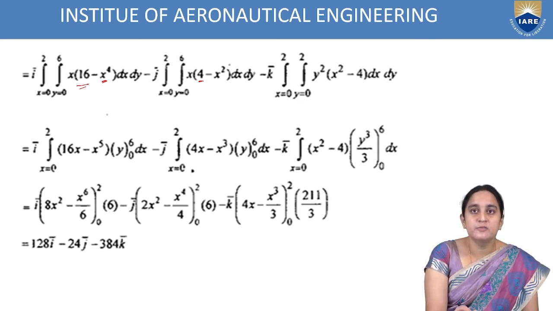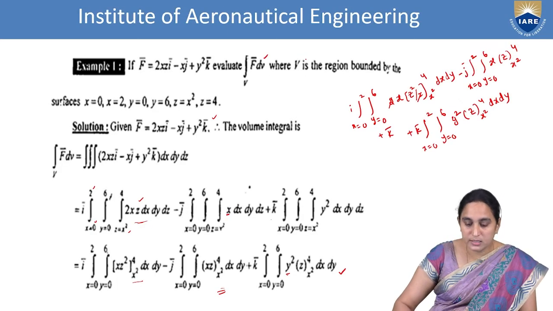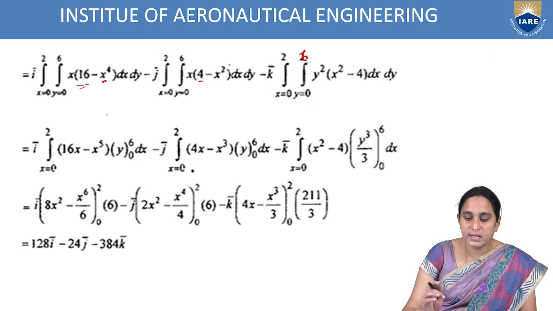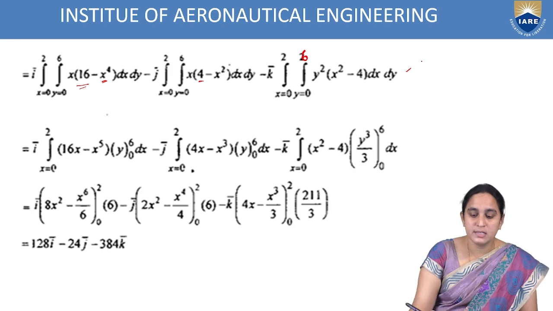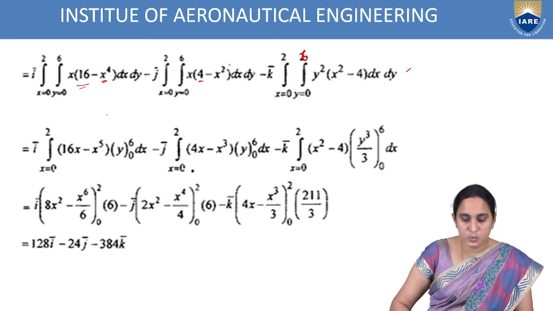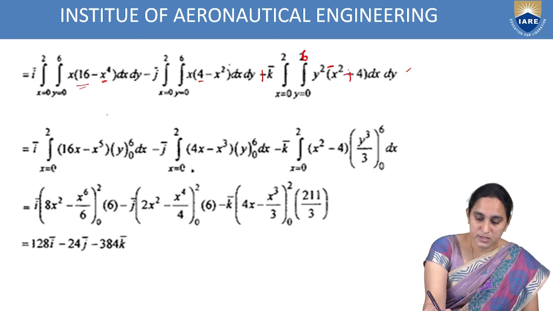That is x into 4 minus x square dx dy minus k bar into integral of x is 0 to 2 and integration of y is equal to 0 to 6 here, and here the function is y square into z, upper point as 4 and the lower point as x square. That means 4 minus x square into dx dy.